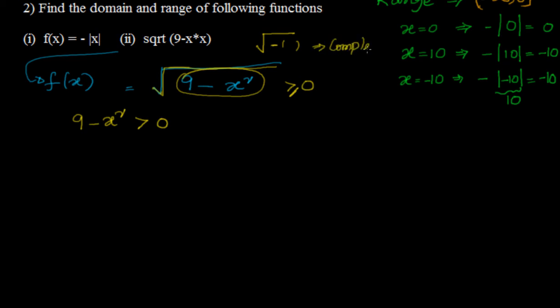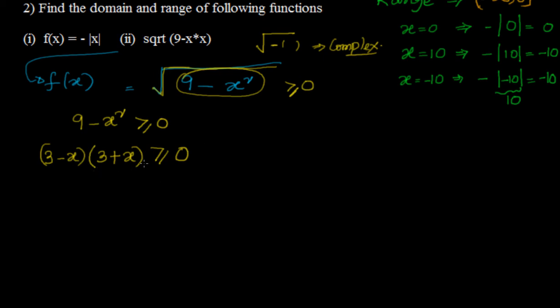It is not a real number, but we are talking about only real functions, right? So 9 minus x square should be greater than or equal to 0. What is the meaning of that? 9 minus x square is a square minus b square, so can I write it as a minus b into a plus b? I can say 3 minus x into 3 plus x should be greater than or equal to 0. So it can be 0 or it can be greater than 0.